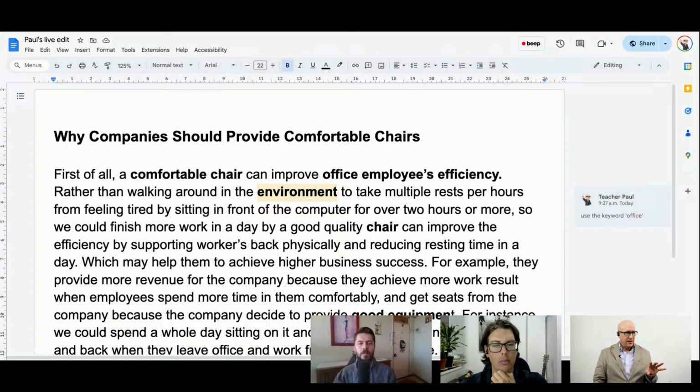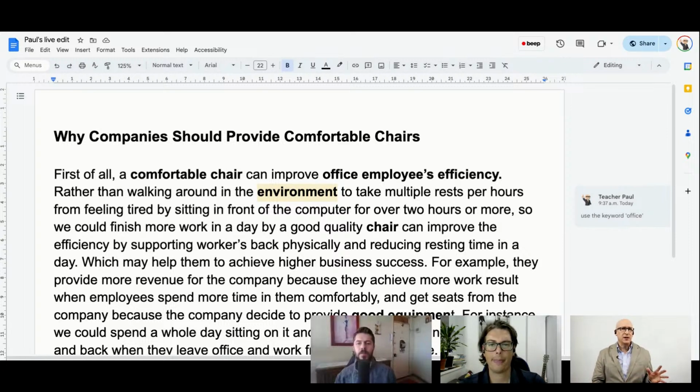I want to talk about something else that's happening in this paragraph that can be a problem. Especially in academics, we often hear this discussion about whether we should use first-person pronouns like I, or we should maintain more objectivity and use passive and objective language.